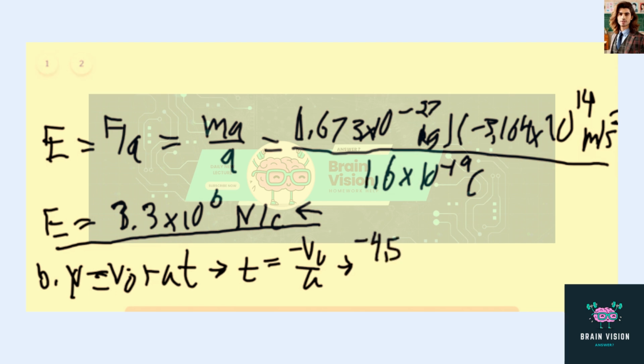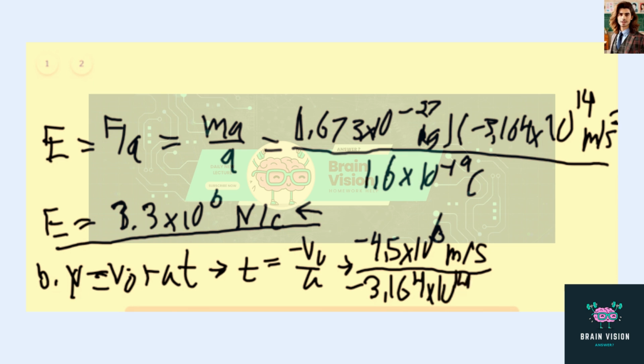Minus 4.5 times 10 to the 6th, over our acceleration that we just solved for, minus 3.164 times 10 to the 14th.